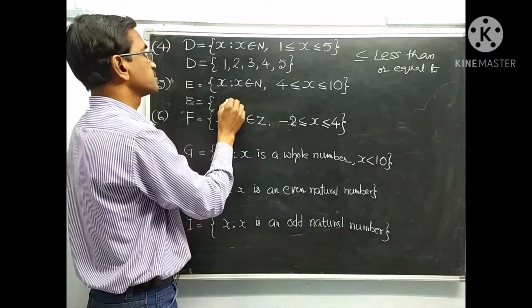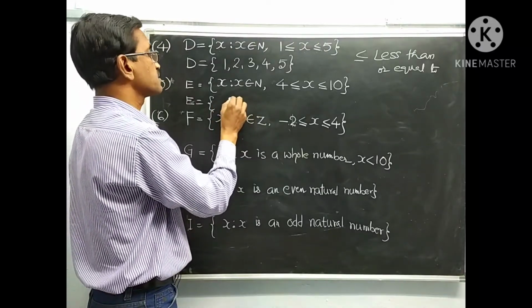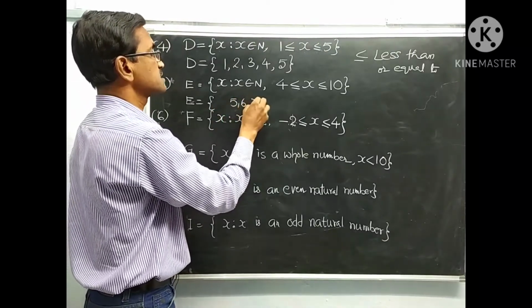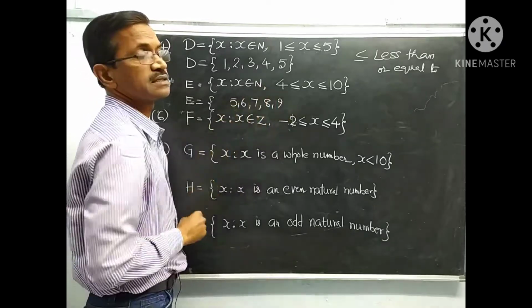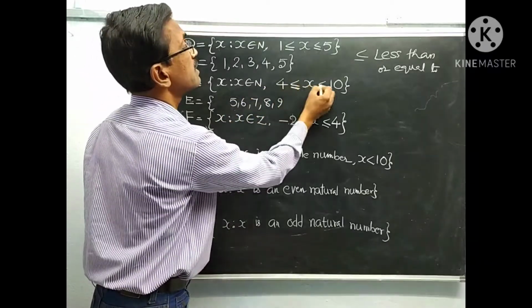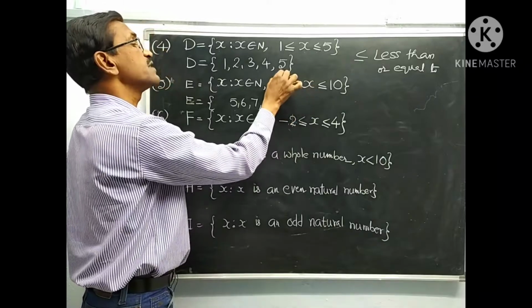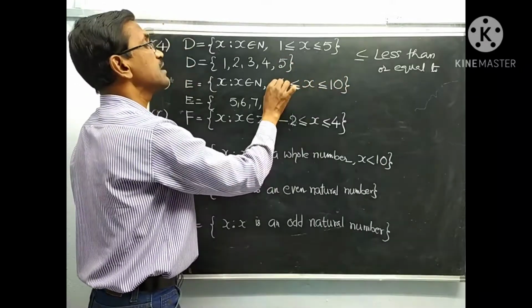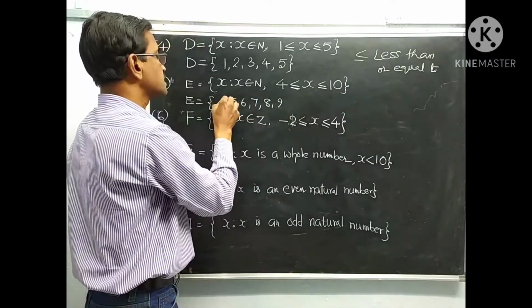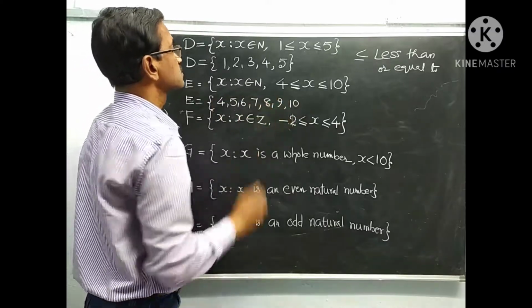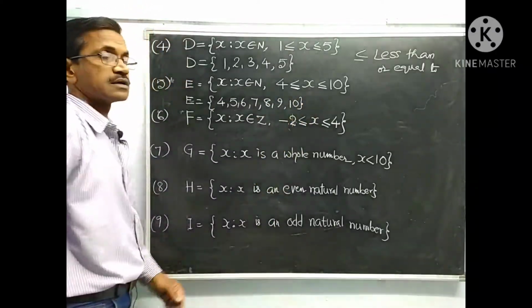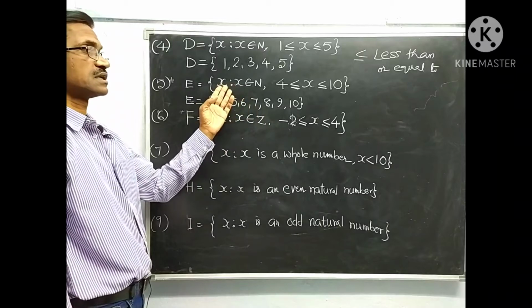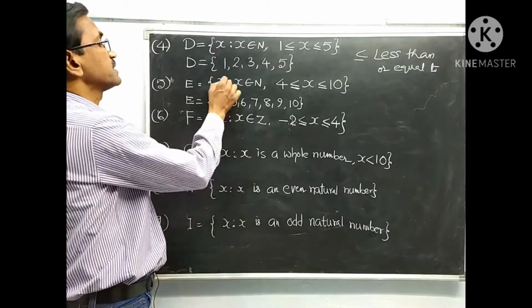Between 4 and 10, what are they? 5, 6, 7, 8, 9. But here the symbol is less than or equal to, which means x takes this value and that value also, the 4th value and the 10th value. So it takes 4 and 10. So this is the roster form of this set builder form. Both represent the same set.